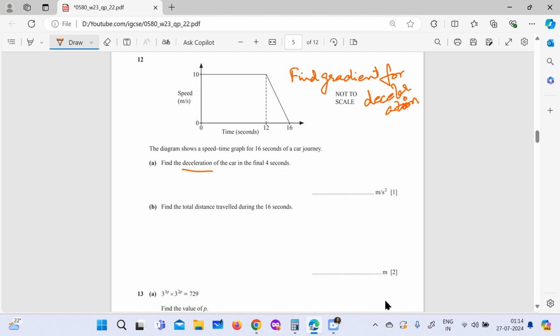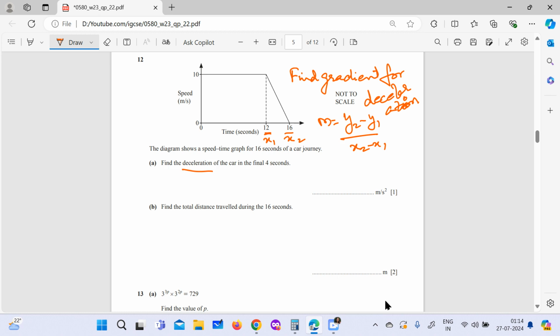How can we find the gradient? Gradient, or slope, is y2 minus y1 over x2 minus x1. On the x-axis you have here 12 and here 16. So this is x1 and this is x2.